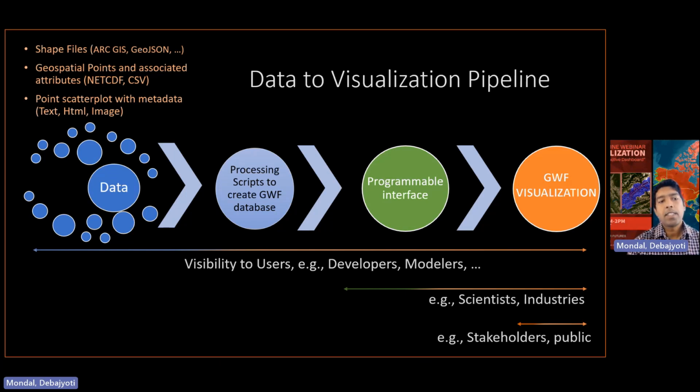And from that, you create a GWF platform database, and that is read by the programmable interface where scientists write the code and then finally get the visualization. So from the programmable interface to visualization, probably scientists, industries, and others may be interested, and then the visualization part could be useful for the general public as well as for stakeholders and scientists.